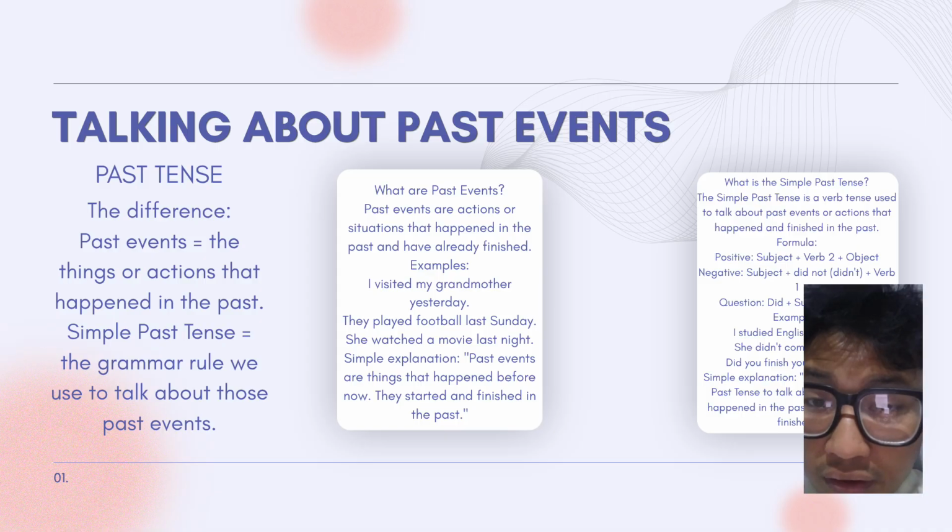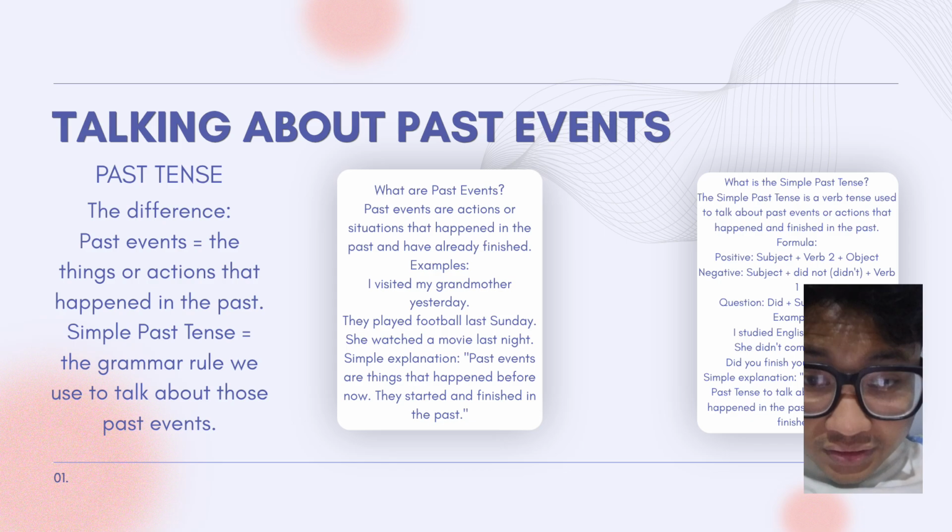Alright, for the next slide, comprehensive explanation. Come take a look. Simple past tense is used to describe actions or events that happen in the past and are already finished. The action does not continue until now.